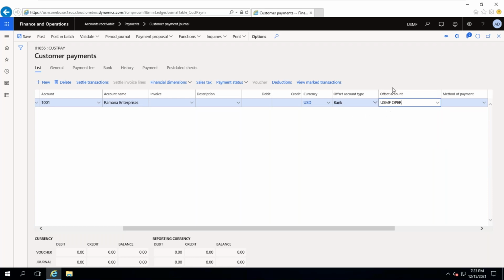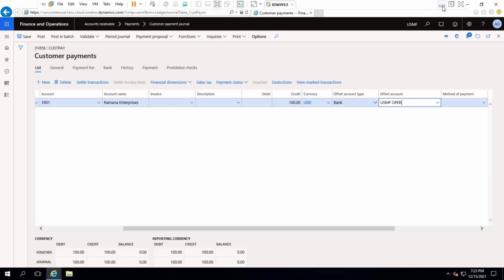If the bank is debited, then the customer will be credited. So I need to enter the customer. From the customer I am receiving money. So the customer account will be credited, and the opposite account, the bank account, will be debited.